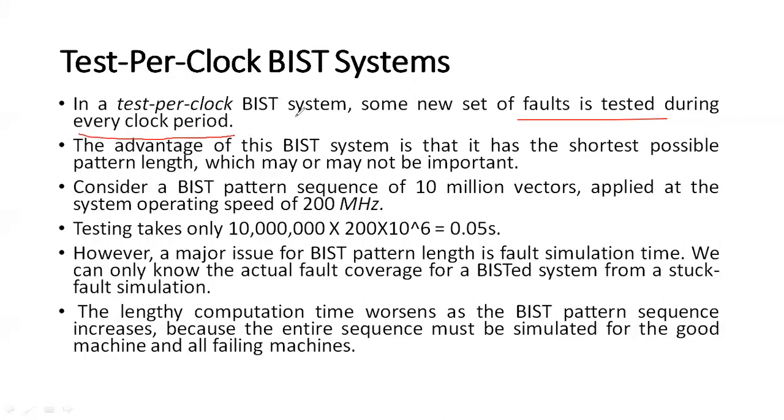The advantage of this built-in self-test is the shortest possible pattern length, which may or may not be important. If you have a logical circuit with some number of gates, you will be finding the pseudo primary input-output pattern, so you'll be making the shortest path with a fault-free output logic.